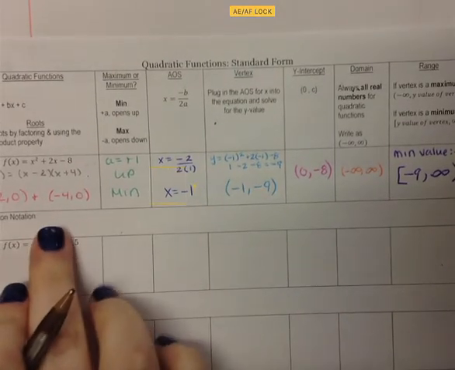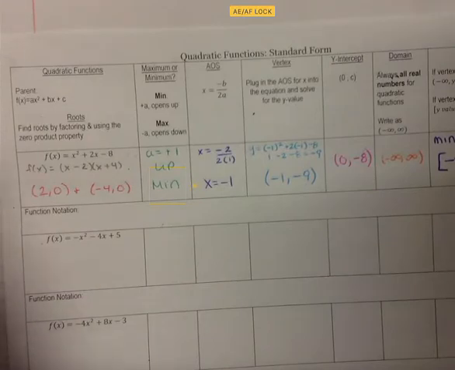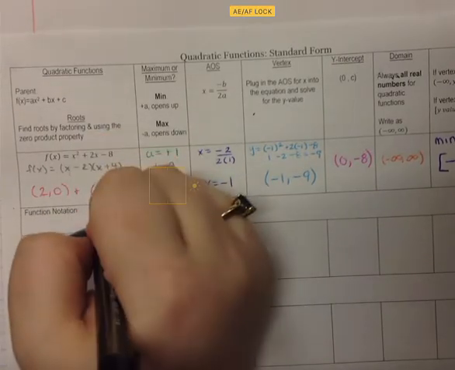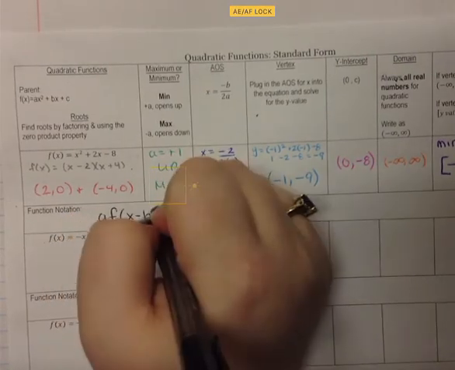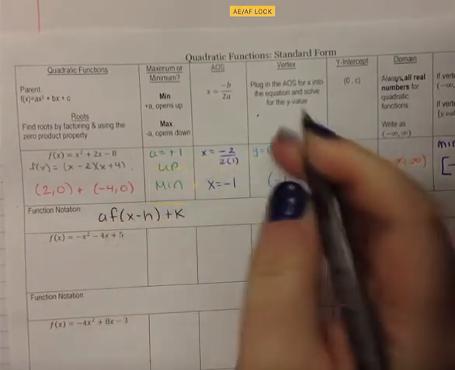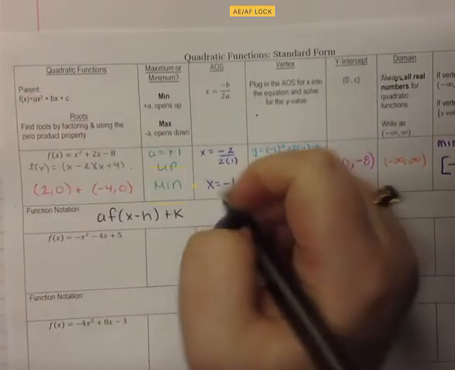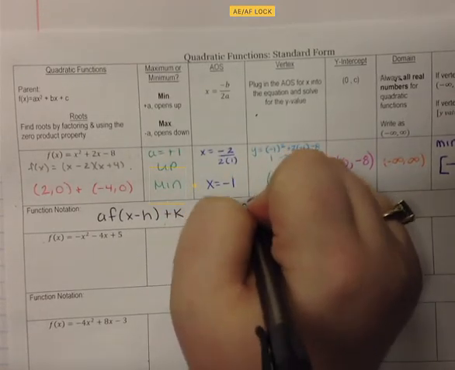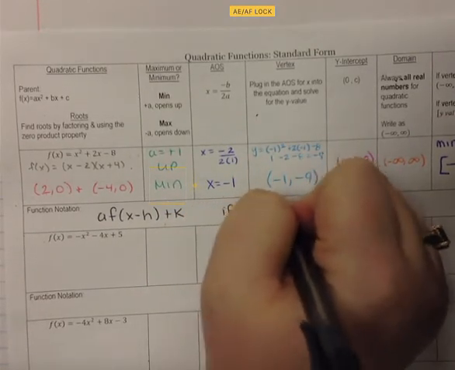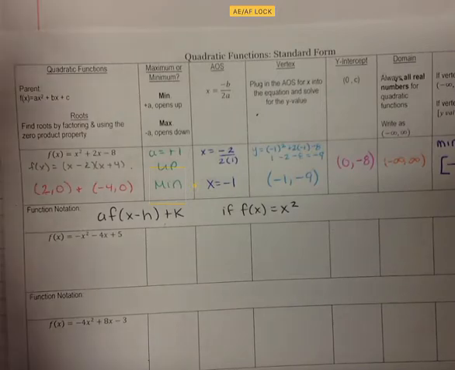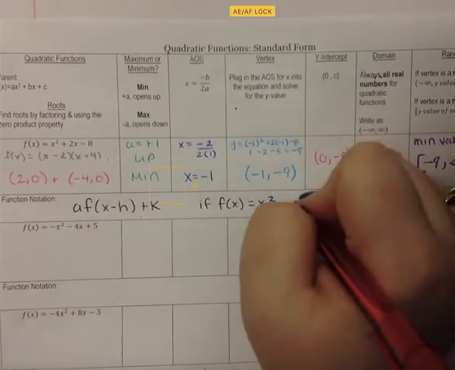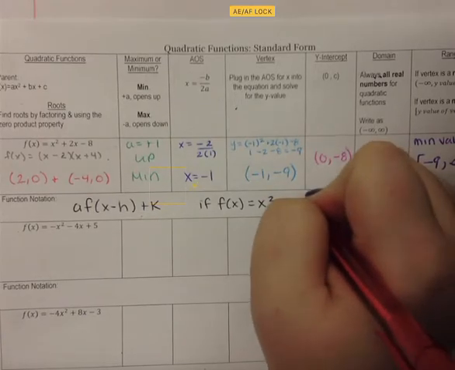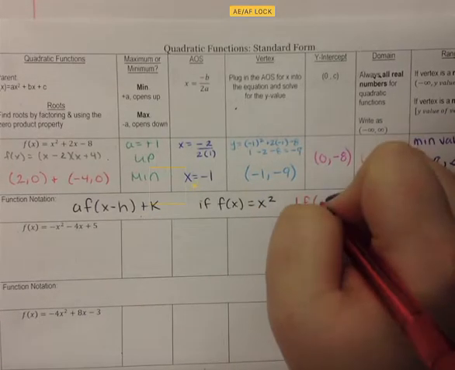The next part was the function notation. So again, function notation goes back to a f of x minus h, then plus k. As long as, if we're dealing with quadratics, if f of x equals x squared, then the function notation will be written as our a value is 1, f of x.